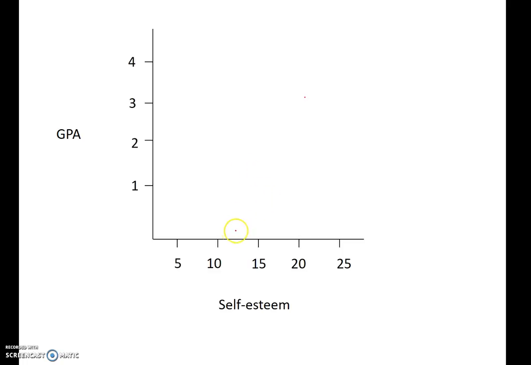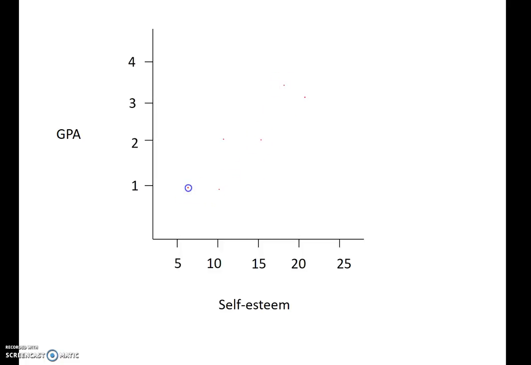Next student, the data says 12 and 2.0. Next student has a self-esteem of 18 and a 3.5 GPA, so that's right about there.